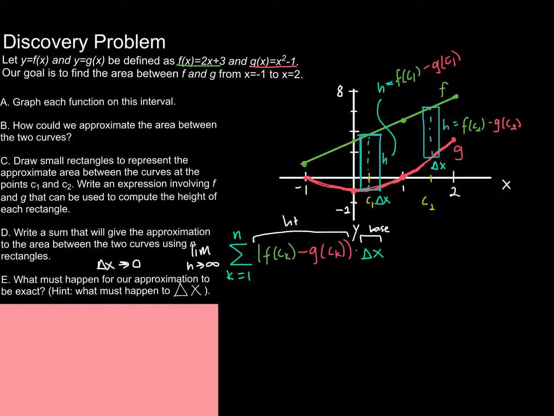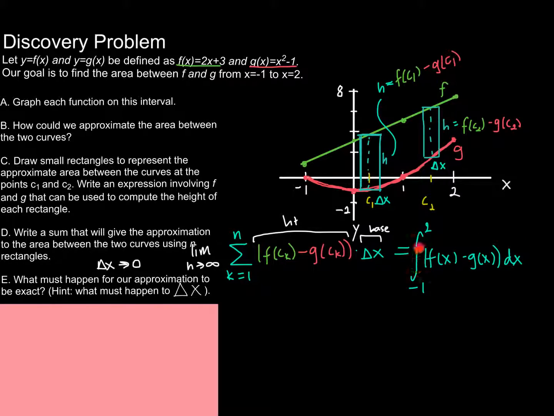And so what we have here is simply the definite integral. In this case, we have from negative 1 to 2 of f of x minus g of x, that's our height, dx.